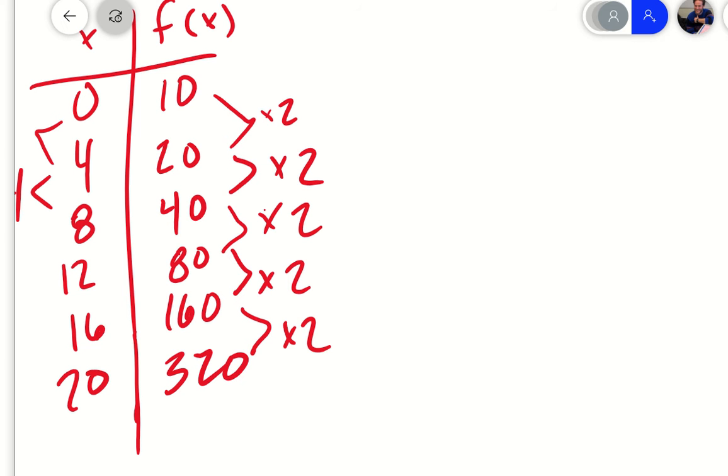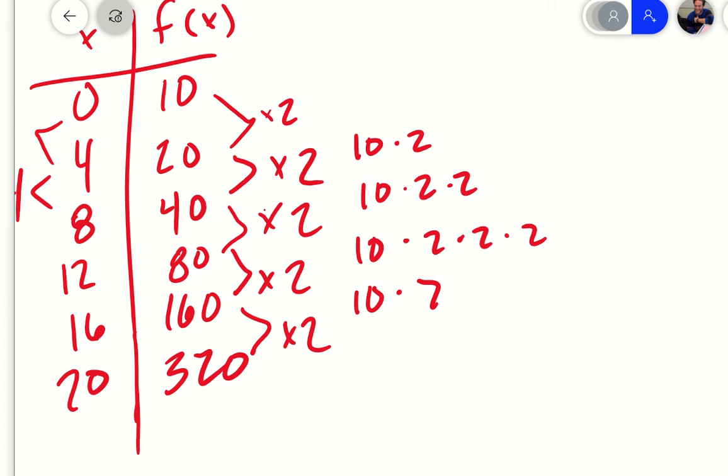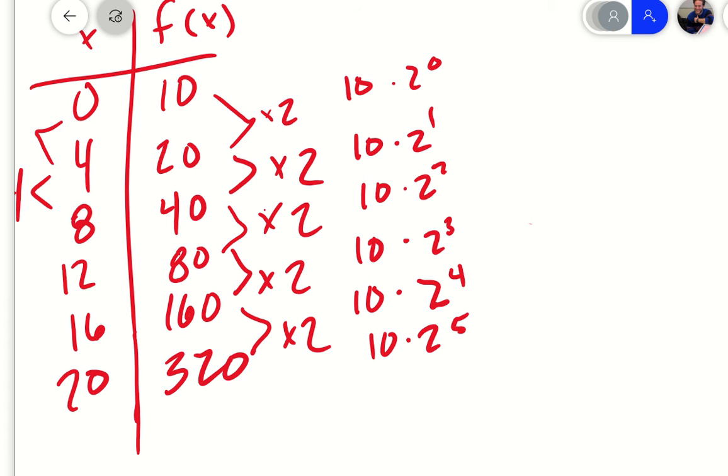Then we've got 20 equals 10 times 2, 40 equals 10 times 2 times 2, 80 equals 10 times 2 times 2 times 2, 160 is 10 times 2 to the 4th, and 320 is 10 times 2 to the 5th. So this is 2 to the 3rd, this is 2 squared, 2 to the 1, and then 10 is just 10 times 2 to the 0, because 2 to the 0 is 1.